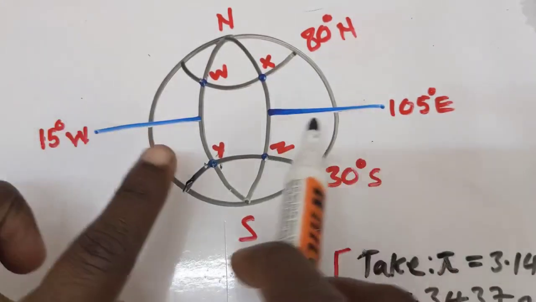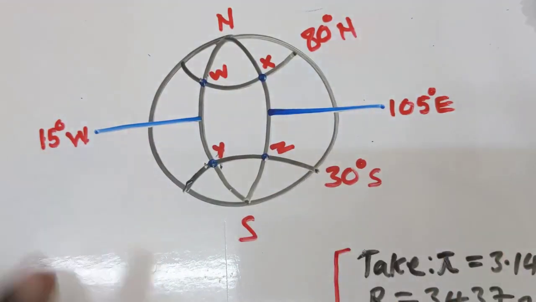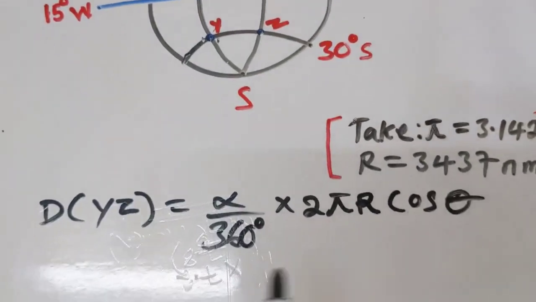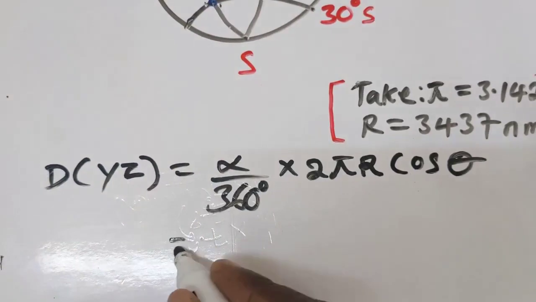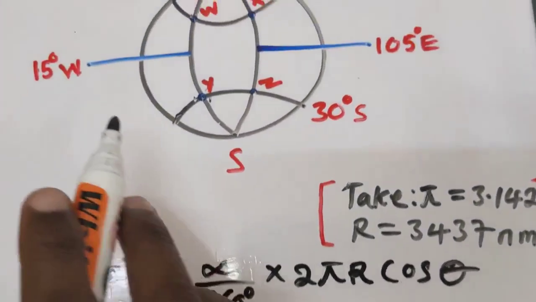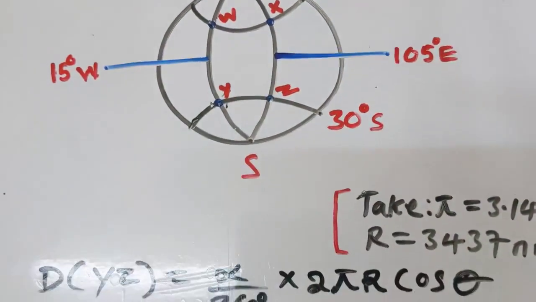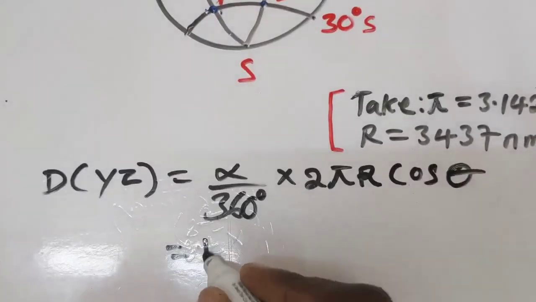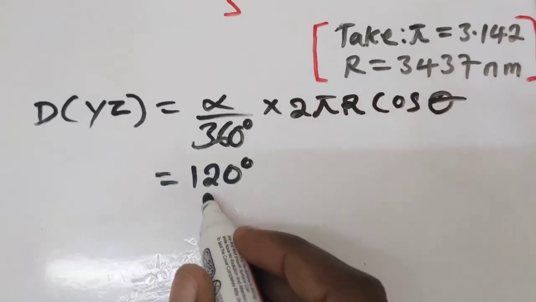Since they are on different sides, this is on the east and this is on the west, we are going to add. 15 plus 105 is 120 degrees.